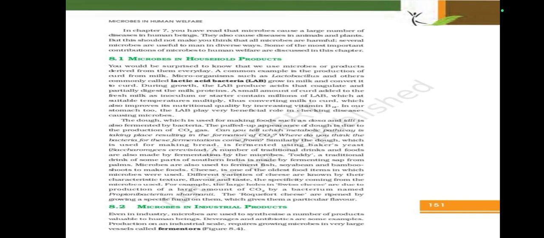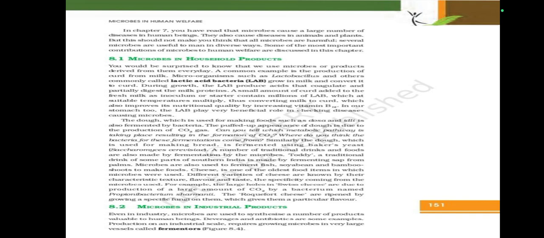For example, the large holes in Swiss cheese are due to production of a large amount of carbon dioxide by a bacterium named Propionibacterium sharmanii. The Roquefort cheese are ripened by growing a specific fungi on them, which gives them a particular flavor.